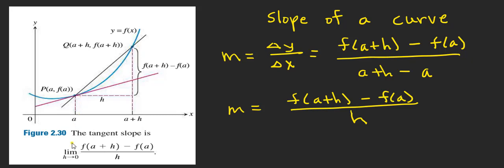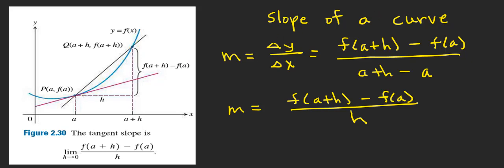So our goal is to make h very close to 0, so small that this point will be almost like a single point. That's the concept of the limit as h goes to 0. When you do that, it's like finding the slope of this tangent line at that particular point.